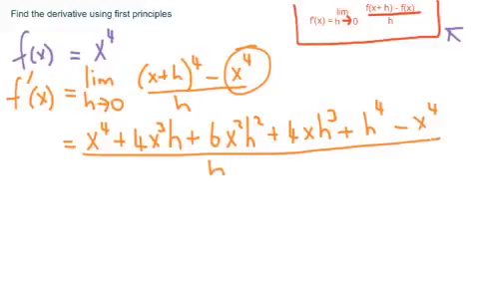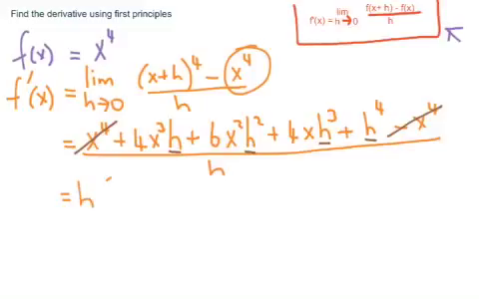Okay, now I can immediately see I've got a simplification here and here. X to the 4 minus x to the 4 is 0. And then in this next line, I can also see that I have an h in every term. So I'm going to want to factor out the h.